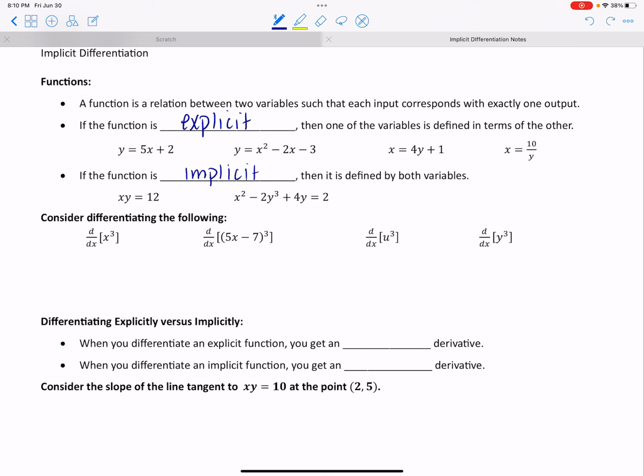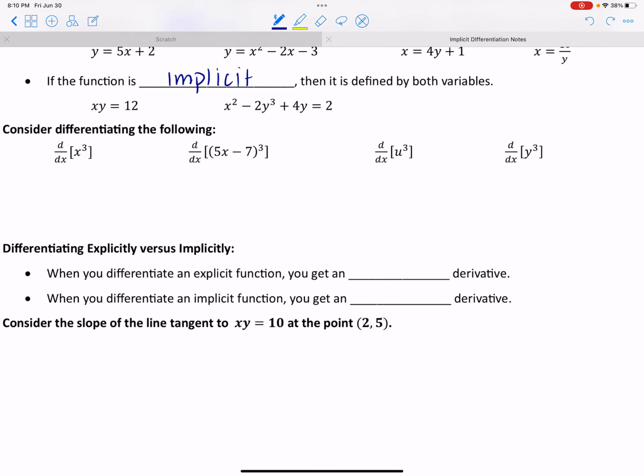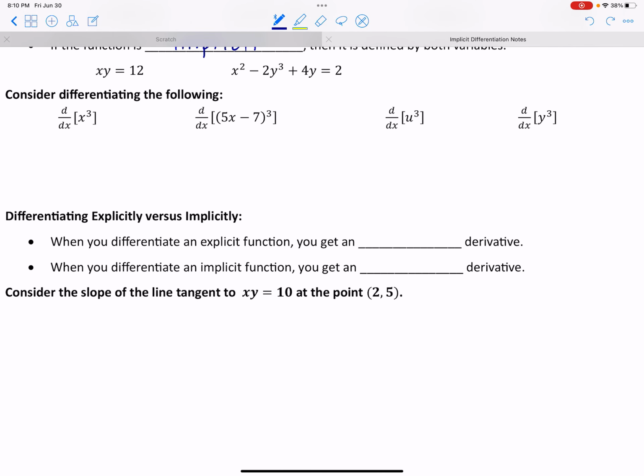Okay, so in differentiating implicitly, or differentiating functions that are implicit, basically is going to require the chain rule. So just want to refresh our memory here. If we were differentiating with respect to x, that's what this is telling us to do here, we know the power rule. We would say that this would be equal to 3 times x now to the second power.